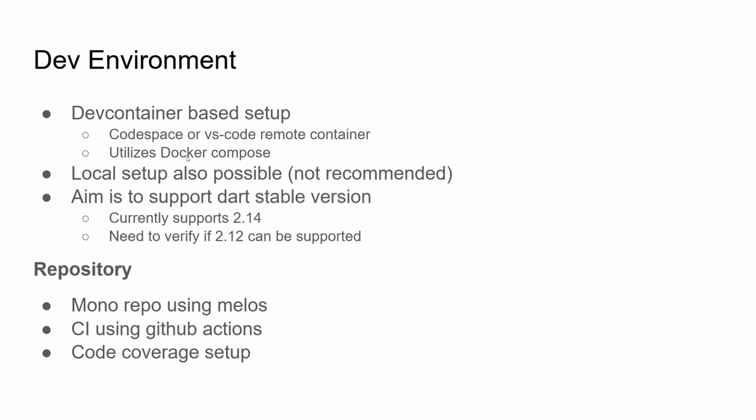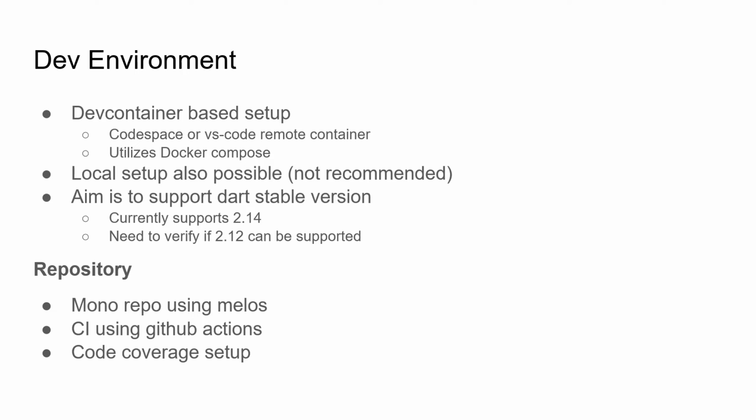I also used a little bit of Docker Compose so that all the containers are within the network and not in the local network of the developer. Local setup is also possible because that's how I started it, but I wouldn't recommend it. But I will definitely document those steps in the documentation as well.